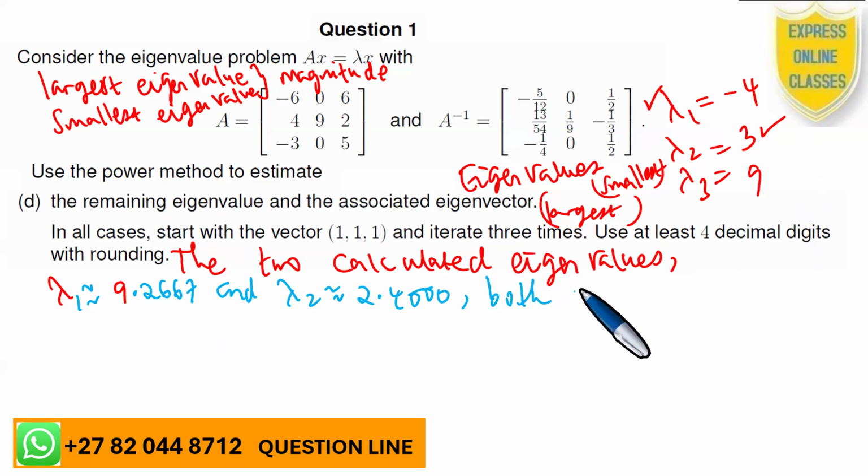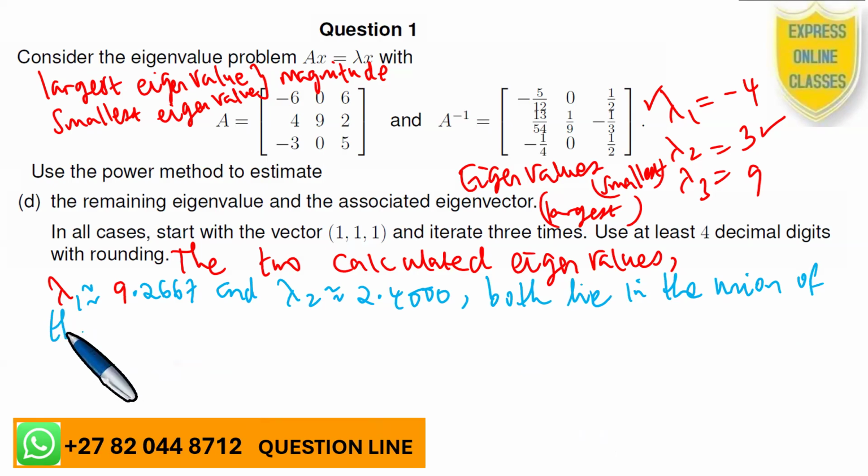but both lie in the union of the most famous of the disks.